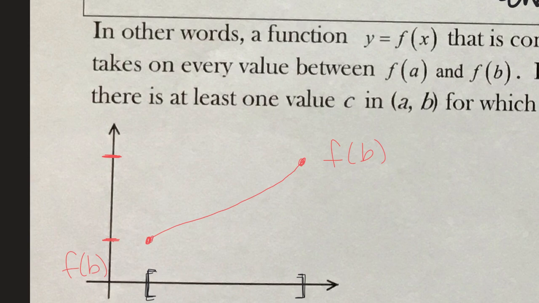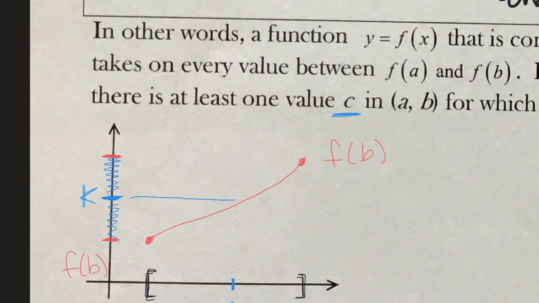If our graph is continuous, it has no removable discontinuities, no asymptotic discontinuities, it has none of that stuff. If it's continuous, then there's some letter in here, c. There's some other x value we're calling c, such that there is an associated y value in between this interval.